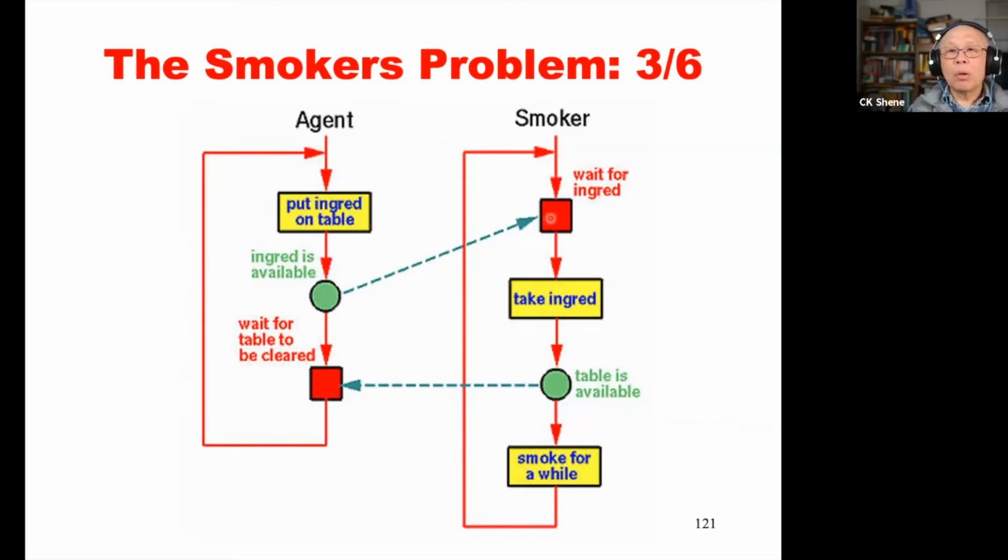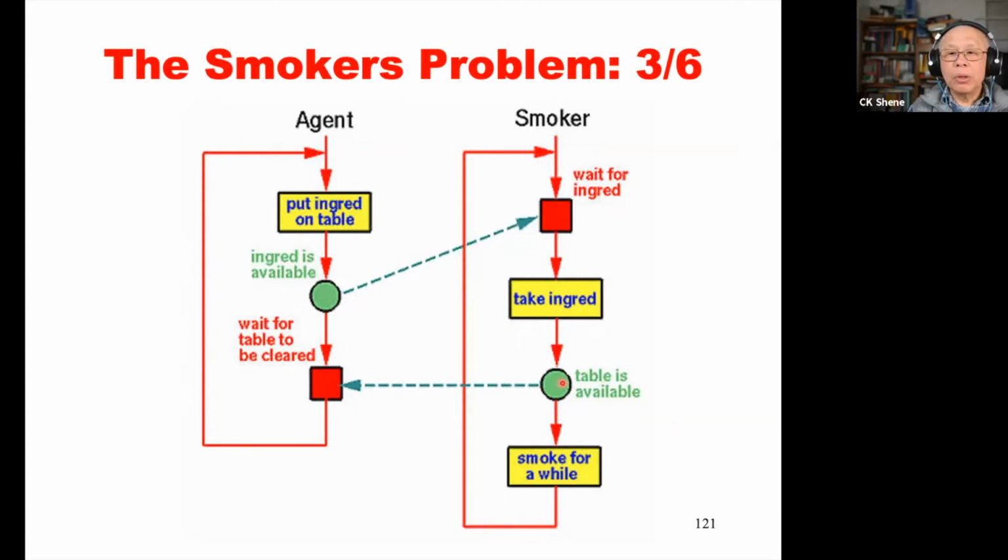So the smoker waits for the ingredients to become available, takes the ingredients, and clears the table. Clearing the table means this smoker signals the agent so that the agent knows the 2 ingredients on the table are taken, and it could generate the next ones.